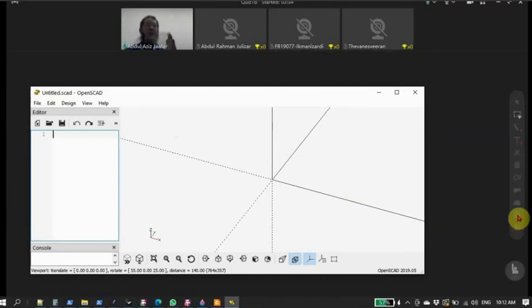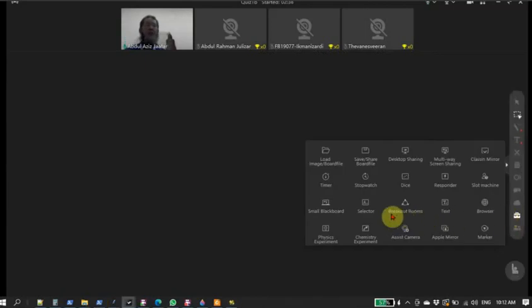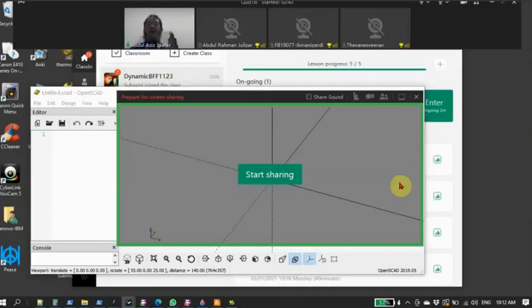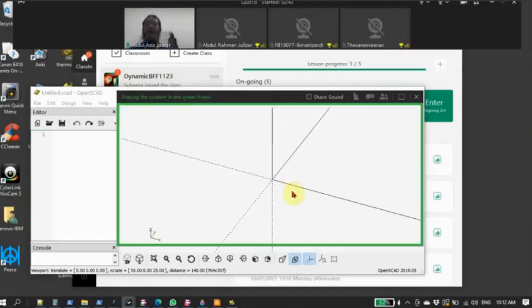Let me share my dashboard, my desktop. I think this is enough. Start sharing. We're going to represent the bicycles with a model of rigid bodies.